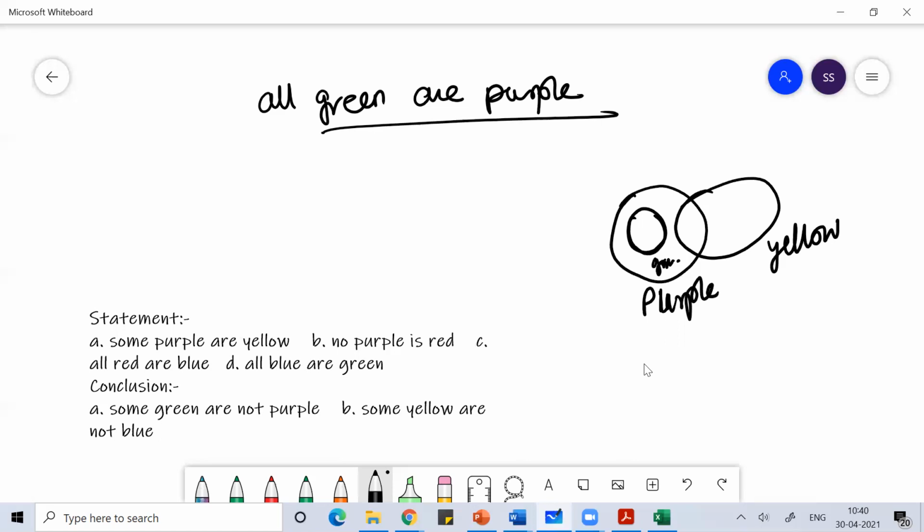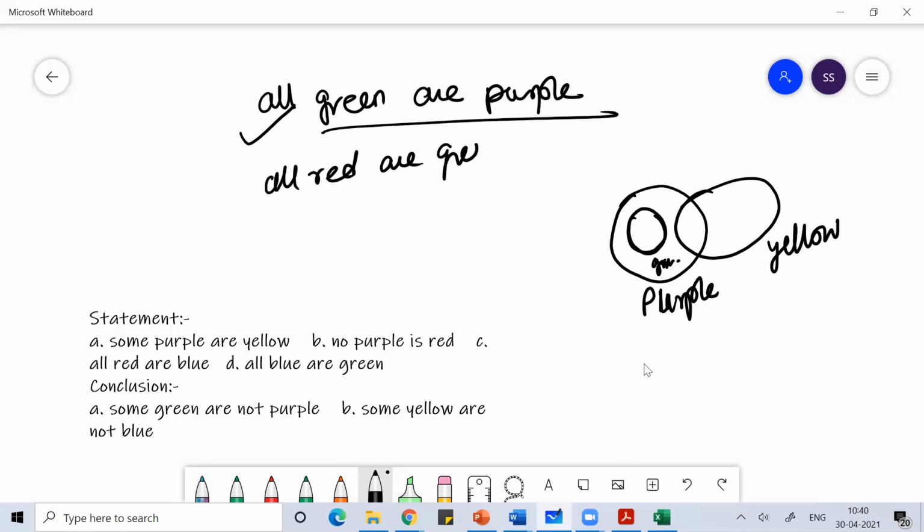So definitely the red should be inside green. If green is inside purple, we know that all red are green.